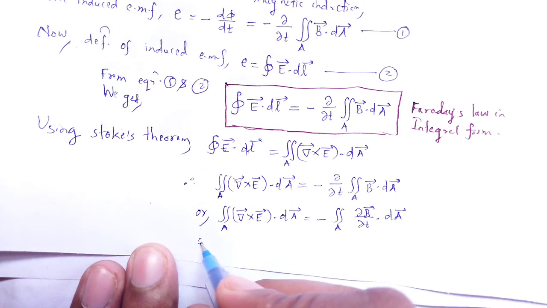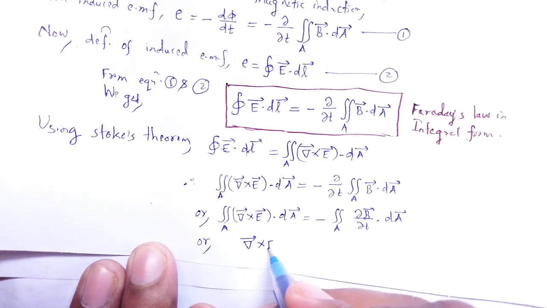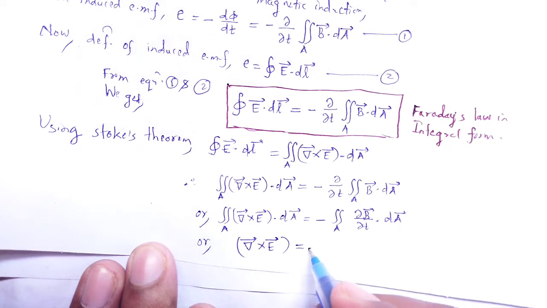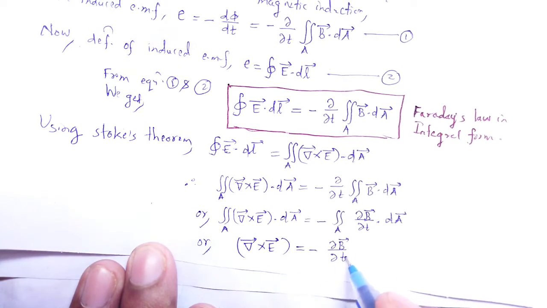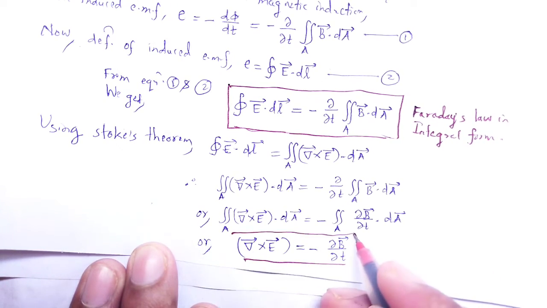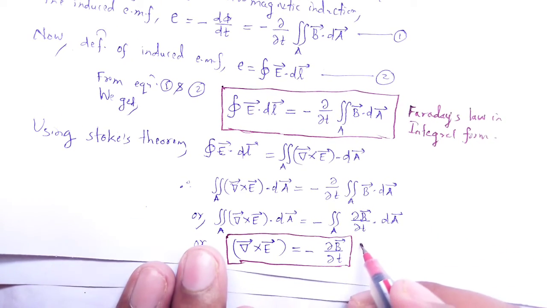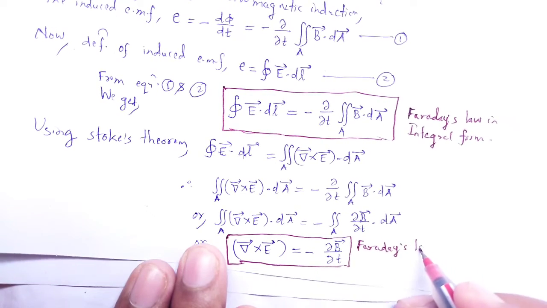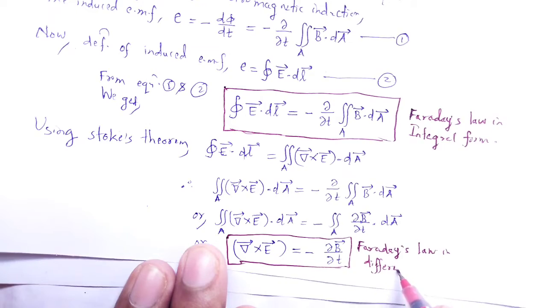Equating the two sides, we have grad cross E equal to negative del B by del t. That equation is Faraday's law in differential form.